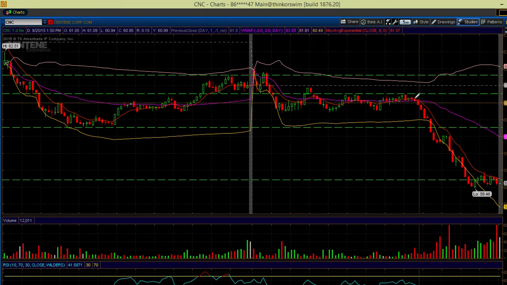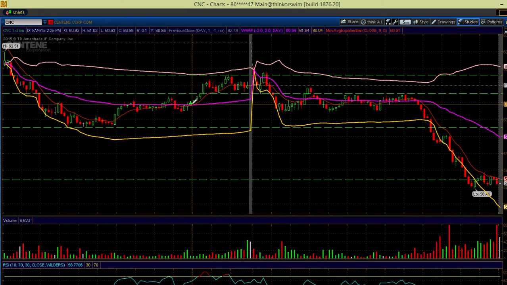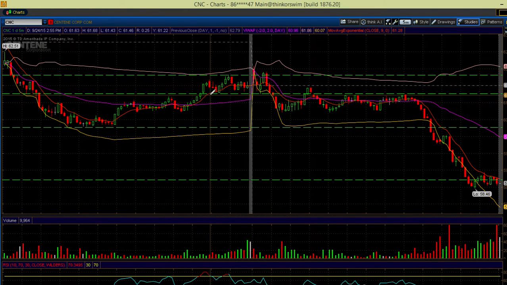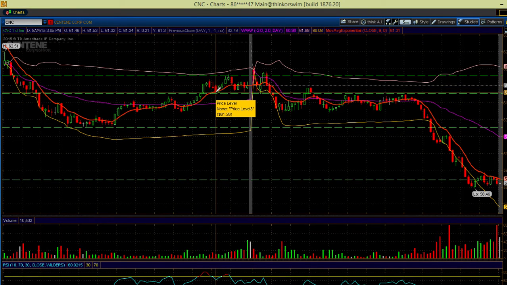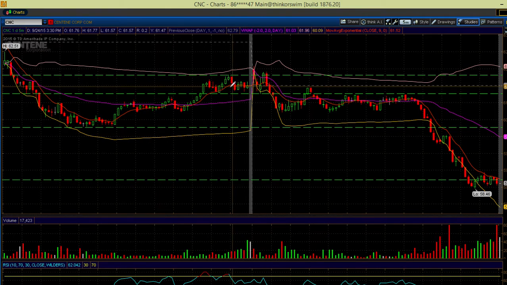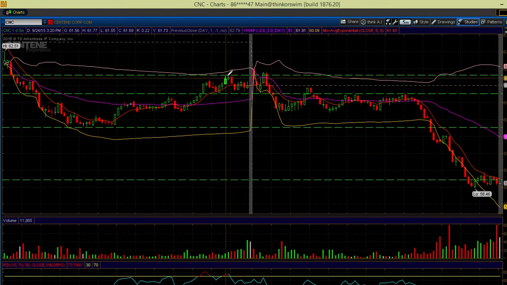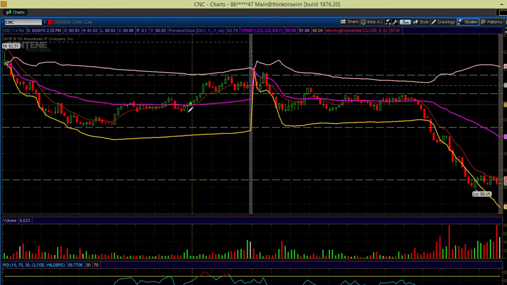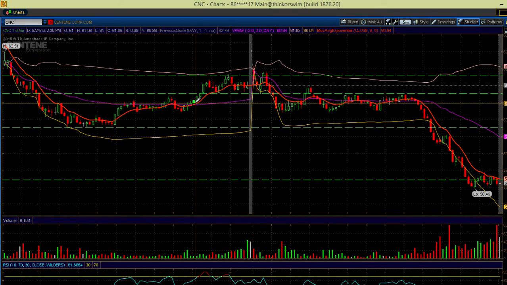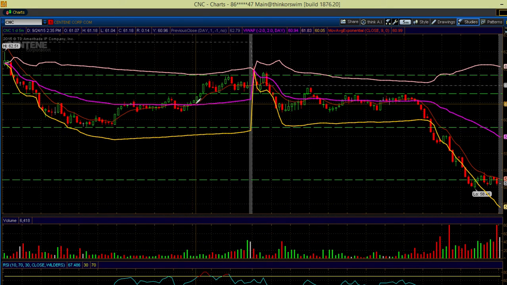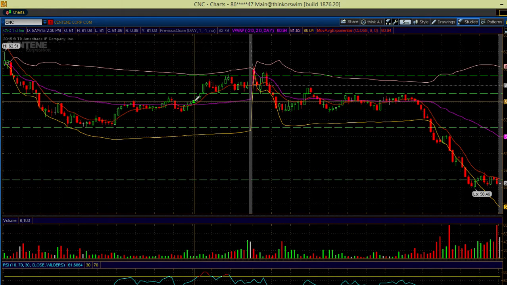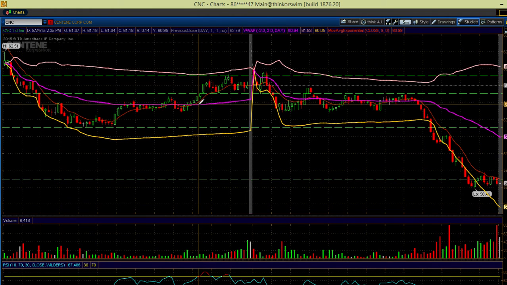And likewise to the upside, like right here. If you look how this acted as support, I would have stayed in this trade long until this candle broke the 9 or it hit my profit target. So say I was taking this long off of VWAP. This is a perfect VWAP setup that I would take off the VWAP. The 9 is moving up. These candles are trading above the 9.